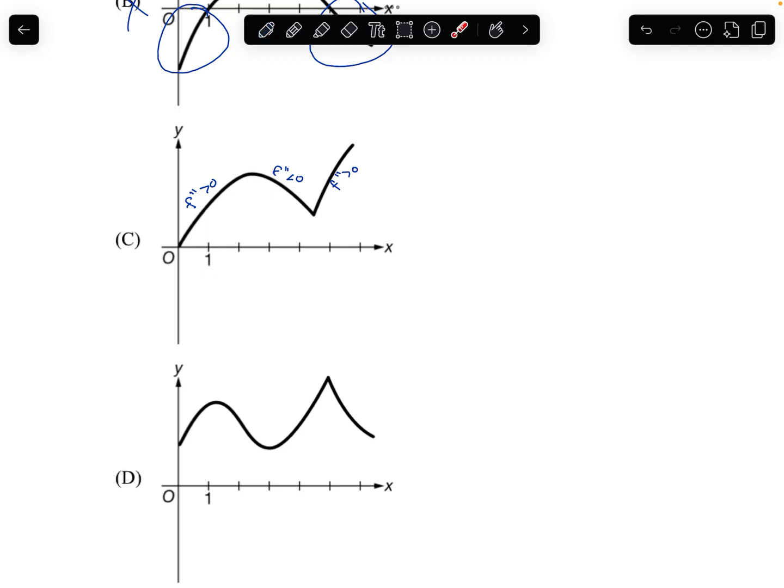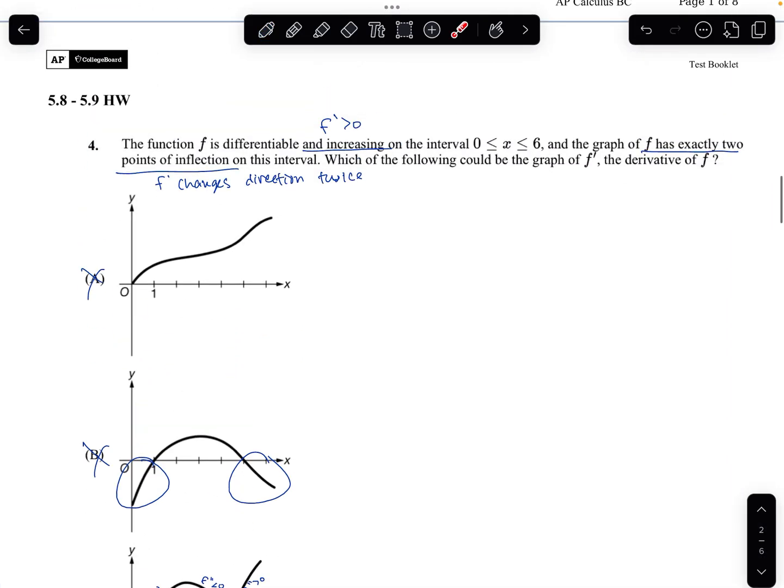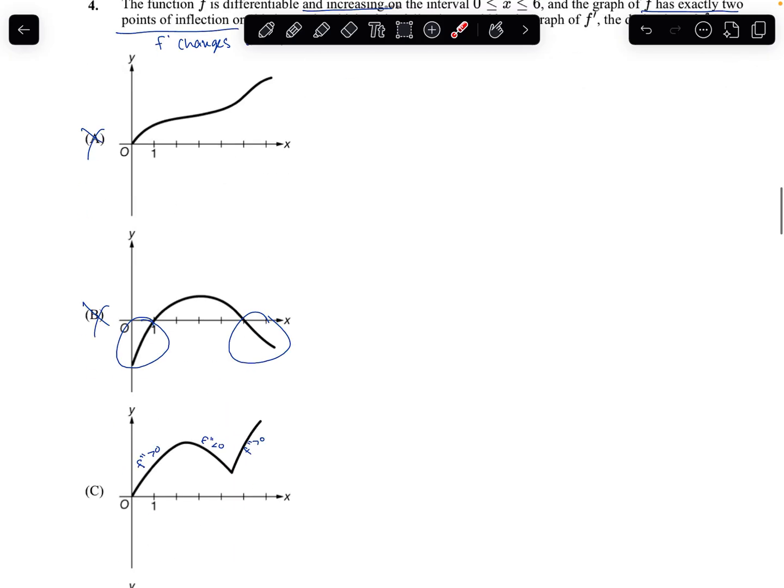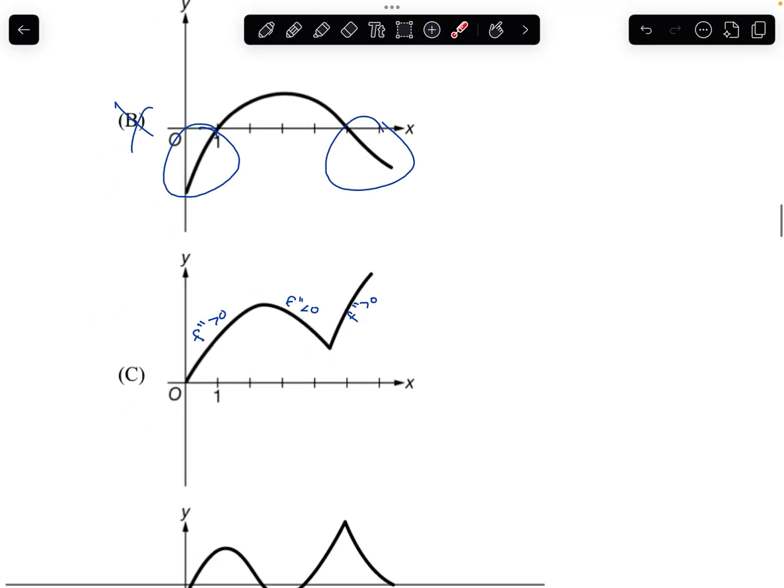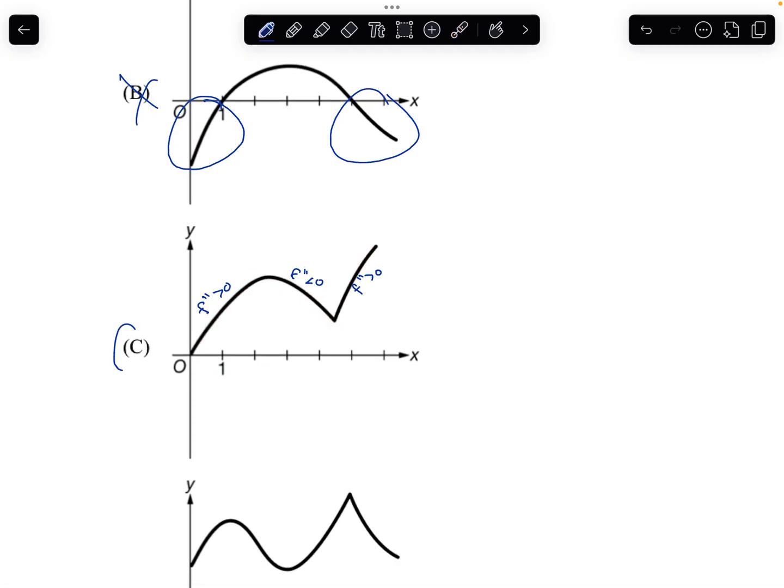And a point of inflection, like we said earlier, is when it changes signs from positive to negative. f double prime positive, then negative, there's 1. And then negative and positive, there's 2. So I think it's got to be C then. Cool.